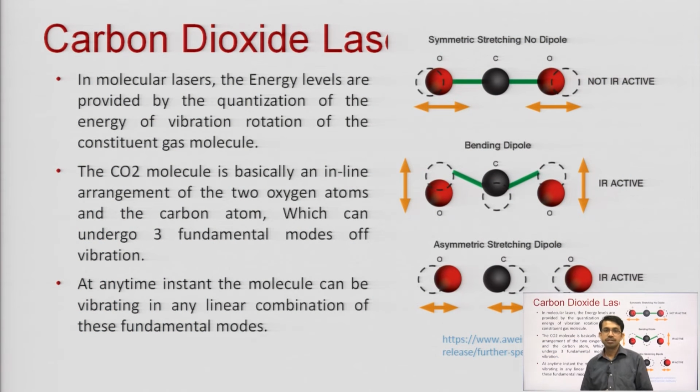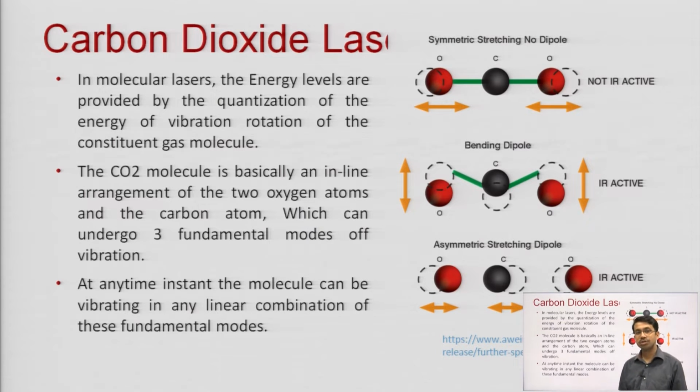So, next is the CO2 laser, carbon dioxide laser. It is a molecular laser, as I have already told you. Now, in molecular lasers, the energy levels are provided by the quantization of the energy of vibration and rotation of the constituent gas molecules.